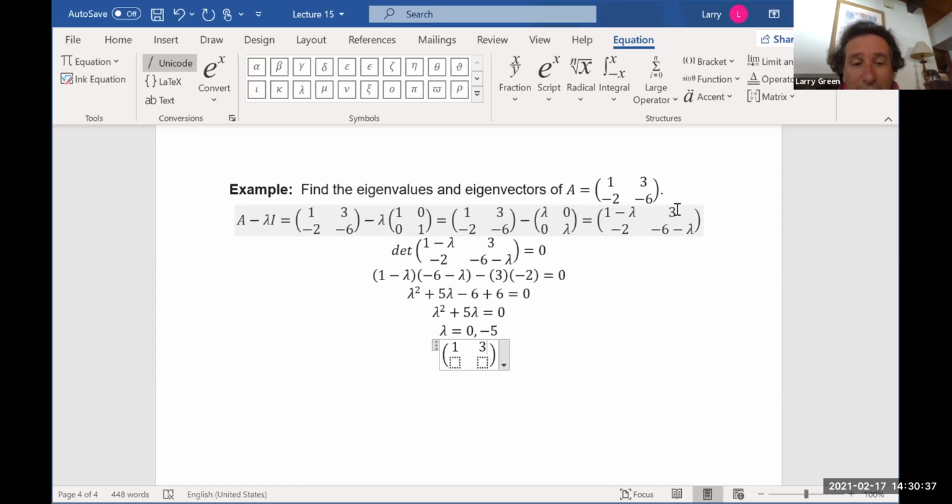Well, I already know the determinant is 0. If the determinant is 0, then the second row must be a linear combination of the first, and when you RREF, you're going to get 0 and 0. You can always do that if you have a 2 by 2. And I want the null space of this.